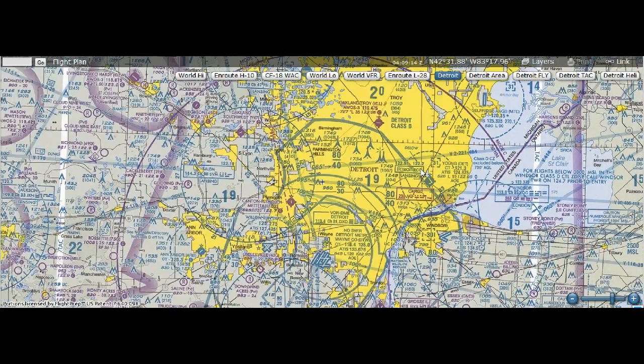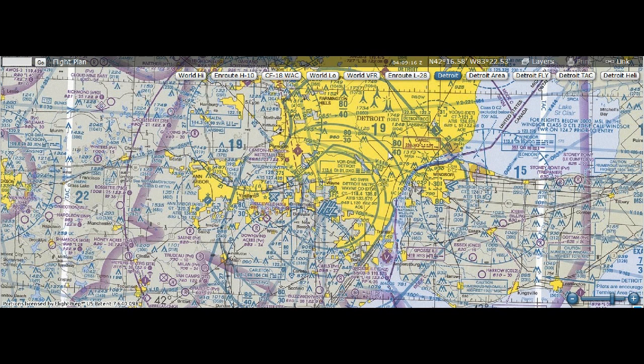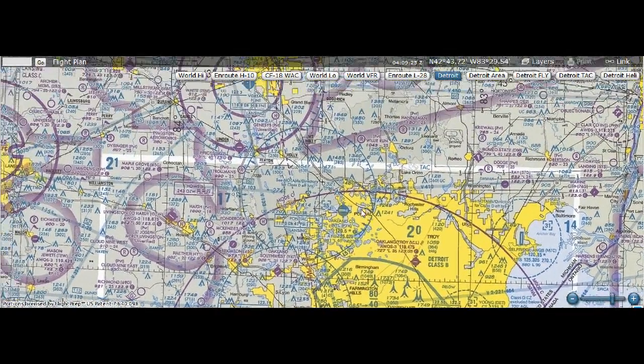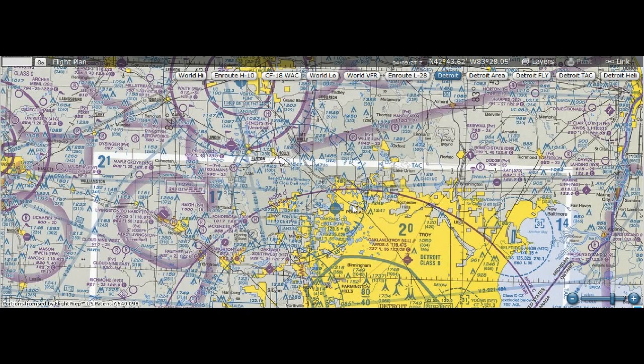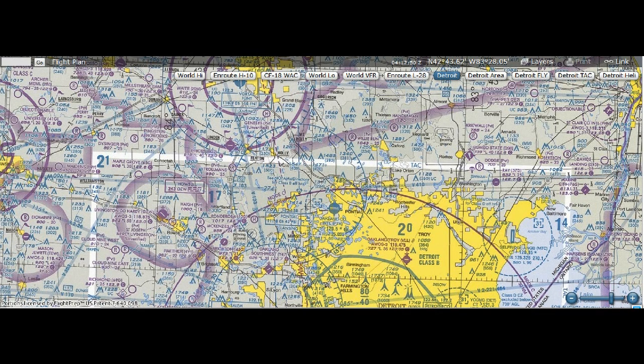And then finally, the Class B airport with the Class B surrounding it, which is depicted by this solid blue line. So those are the 3 main kinds of airspaces that surround airports. And then you have E and G, which just kind of fill in all the rest of the stuff. And then finally, you have A airspace.